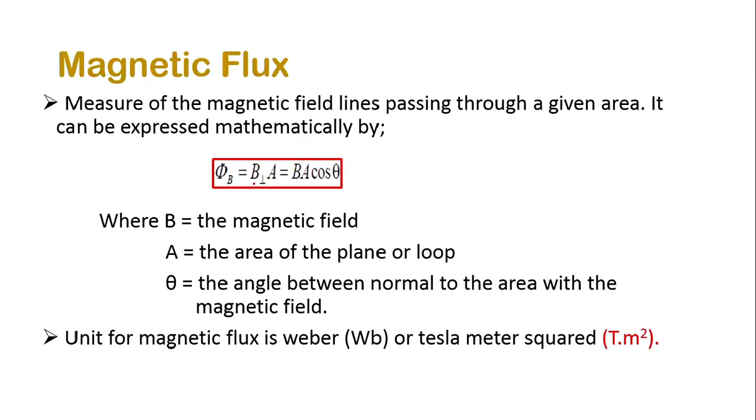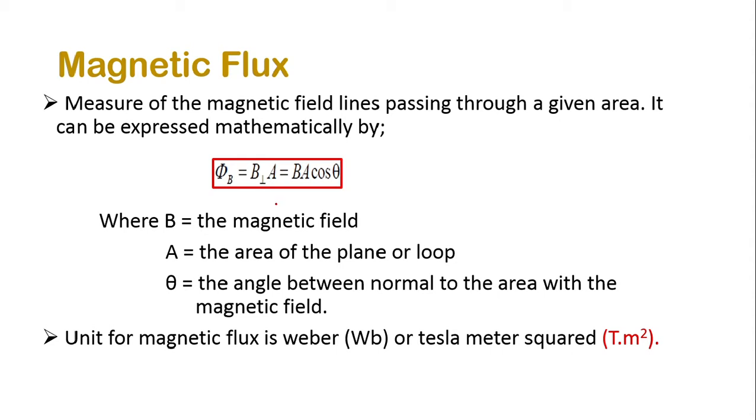Okay, so first kita tengok magnetic flux. Magnetic flux ni masuk. Magnetic flux is the measure of the magnetic field lines passing through a given area. It can be expressed mathematically by this, the symbol of the magnetic flux. B is the magnetic field, A is the area of the plane or loop, and theta is the angle between the normal to the area and the magnetic field.